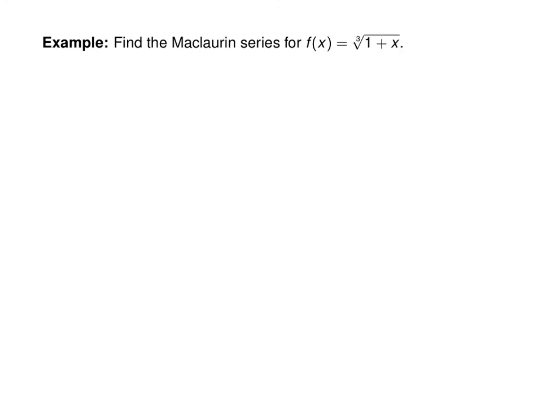Alright, so let's find the Maclaurin series using that formula we just derived. This is the same thing as (1 plus x) to the power of 1/3. So we're going to apply the previous formula, and we will use k equals 1/3.